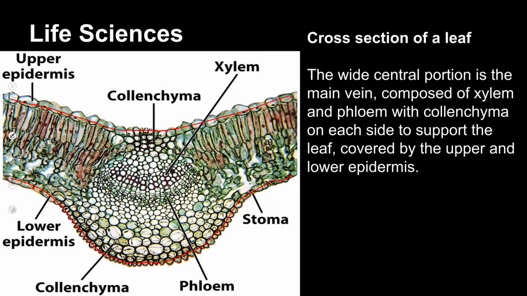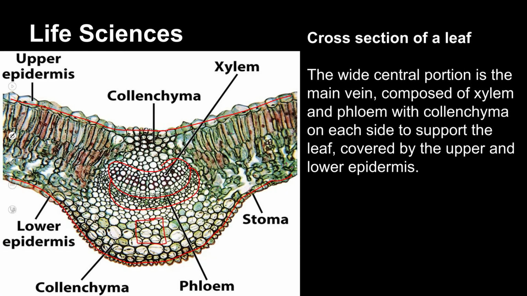Then, these big cells in the center, there is a patch of xylem and a patch of phloem. Then, have a look. Look at these cells here. What type of cells are they? What can we look for to help us identify what type of cells they are? We look for the thickened corners.